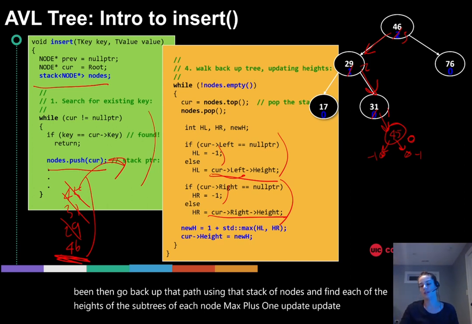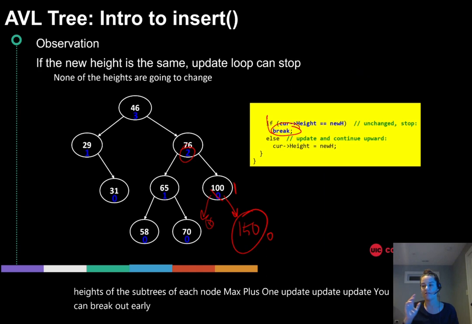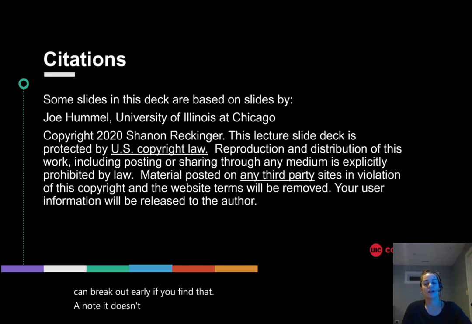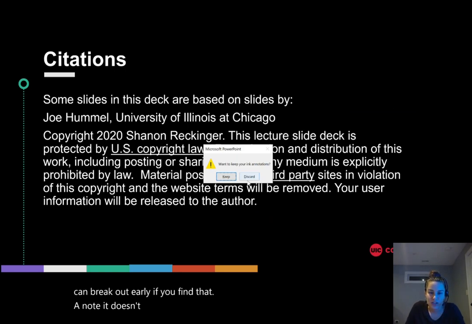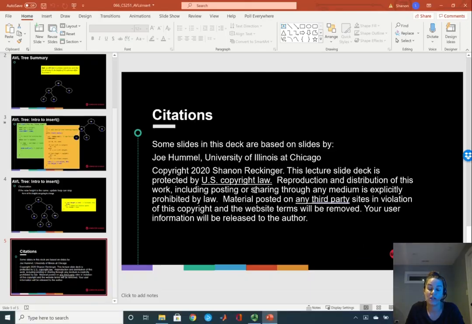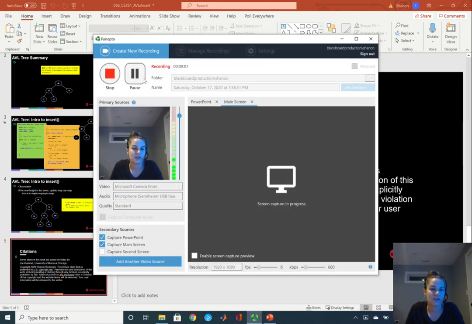You can break out early if you find that a node's height doesn't change. That is it for our introduction to insert for an AVL tree. Next up, we're going to talk about what to do if the AVL condition is broken.